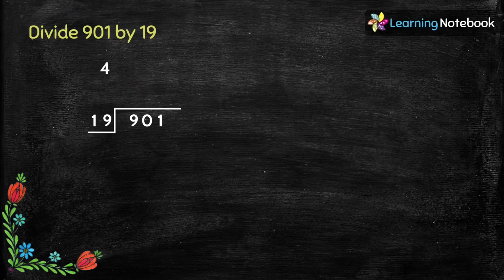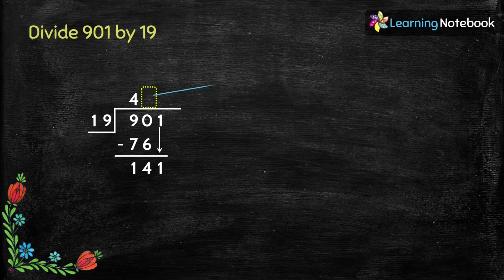So 19 into 4 equals to 76. And 90 minus 76 equals to 14. Now copy the last digit 1. So we have to divide 141 by 19.